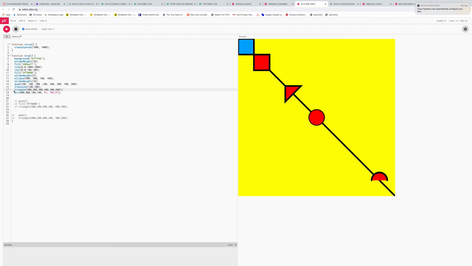The translate function is written this way. Translate, all lowercase. And then I'm saying I want the triangle and the arc to be moved 100 pixels to the right, 100 pixels from the top. I can make it 200 pixels from the top. And you'll notice that only the triangle and the arc are being affected because they're the only two shapes that are under the translate function.